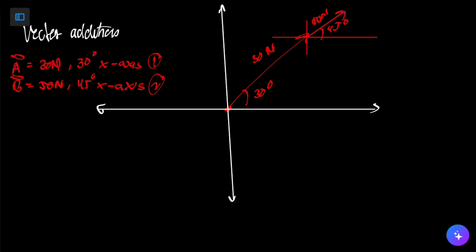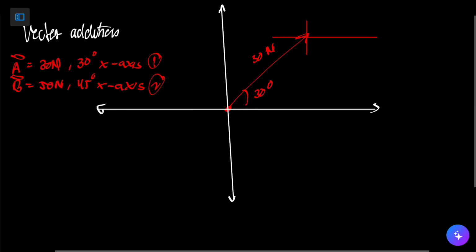After that, you need to draw a line starting from the tip of the second vector towards the origin. Let me fix my drawing of the 45 degrees. This is 50 newtons, 45 degrees.